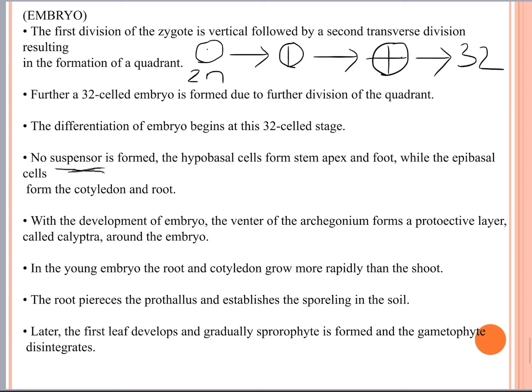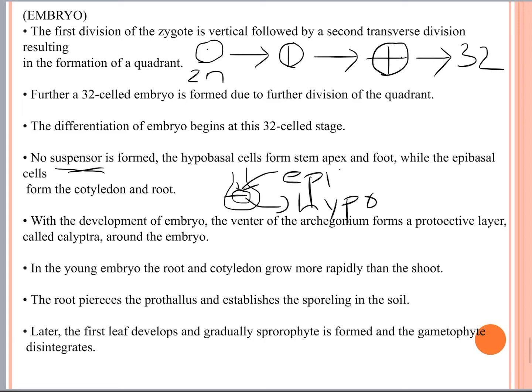Now, what is a hypobasal cell and what is an epibasal cell? Supposing this is the archegonium and here we have the zygote. The upper portion of this zygote is known as the epibasal and the lower portion is known as the hypobasal.